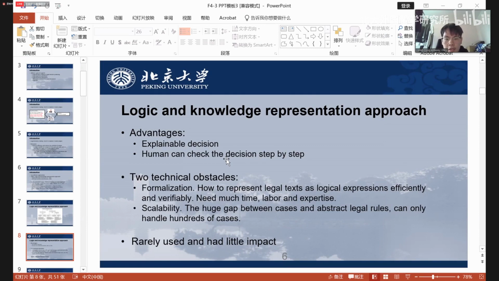But actually, this work needs much time, labor, and expertise, and it is very hard to change these logical expressions when the law is changed. And the second obstacle is scalability.